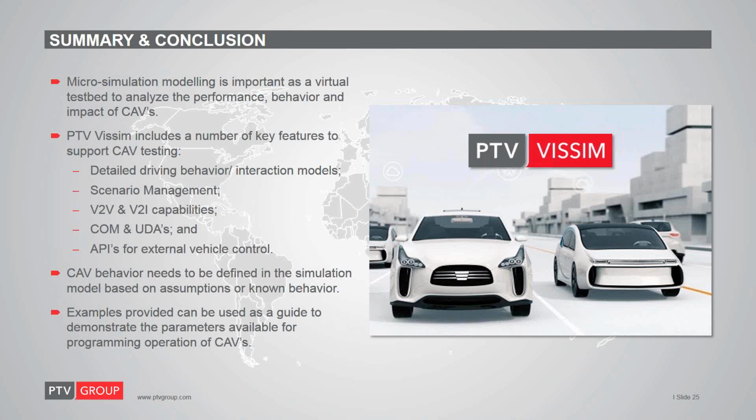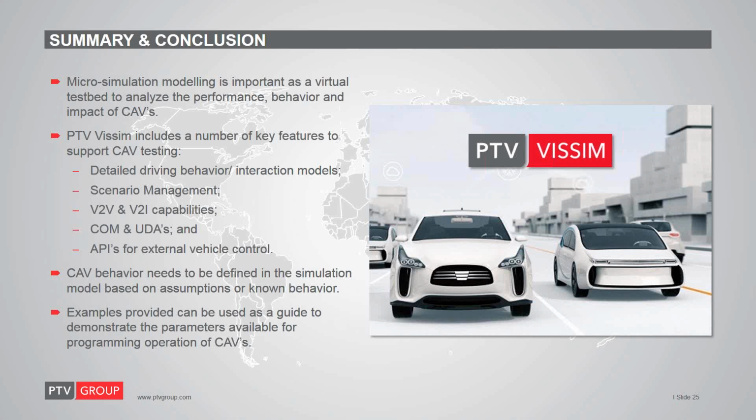So, as I mentioned before, all of the examples that have been presented today are going to be available in a future service pack of Vissim, so you can take those on and you can change some of those parameters, make them your own, and apply them to your own transport systems and transport networks around the world. These examples really are provided as a guide to demonstrate what those parameters are.